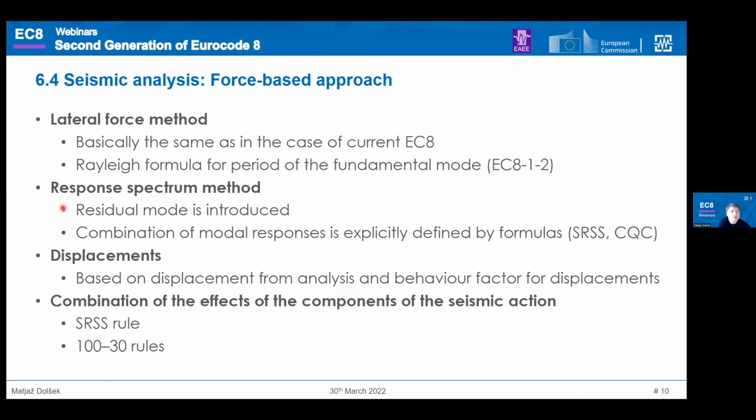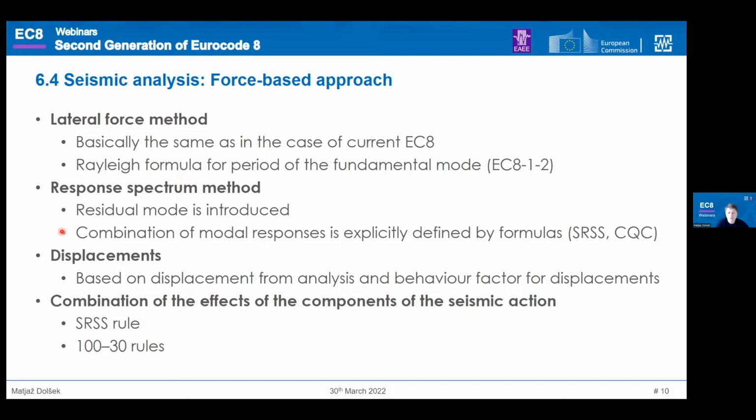So there is no longer a rule that you should consider all the modes to which 5% of the modal masses corresponds. The new thing in this part is also that the combination of modal responses is explicitly defined by formulas. This was not done in the current code for the CQC combination rule.